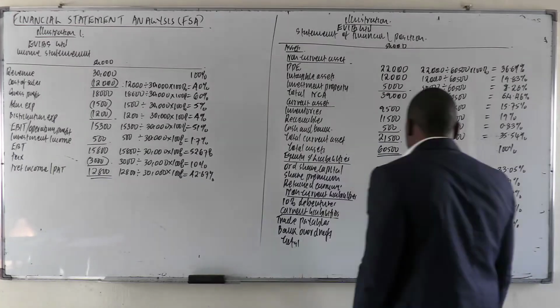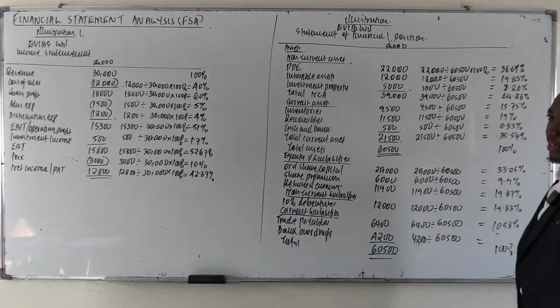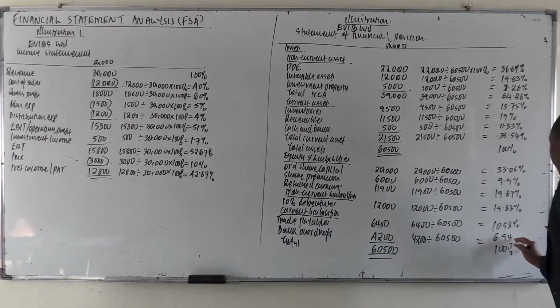This is 4,200, not 42,000, over 6,500. So I just need the bank overdraft: 6.94%. Good.